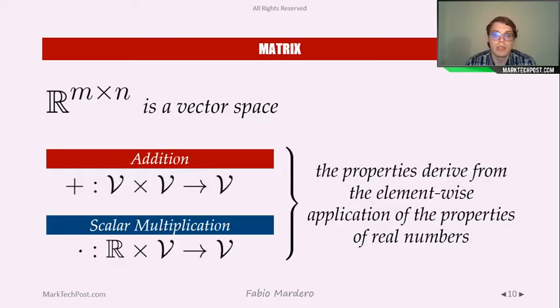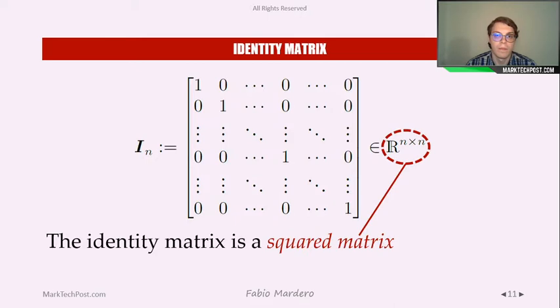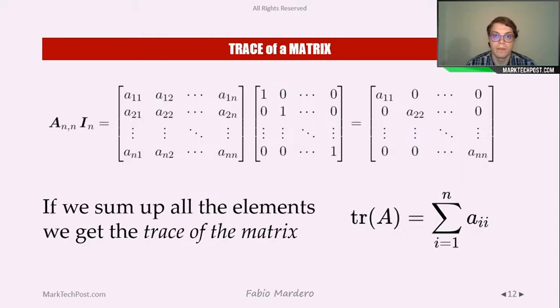Also, we have seen that with this definition, a matrix can be a representation for elements in a vector space. We've defined a particular type of matrix, the identity matrix, that has 1 on the diagonal terms and 0 elsewhere. The identity matrix is a square matrix.